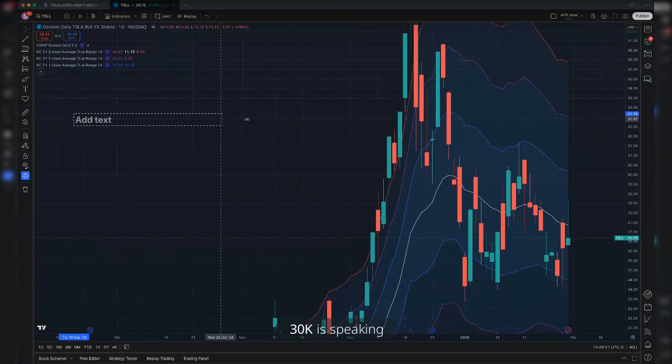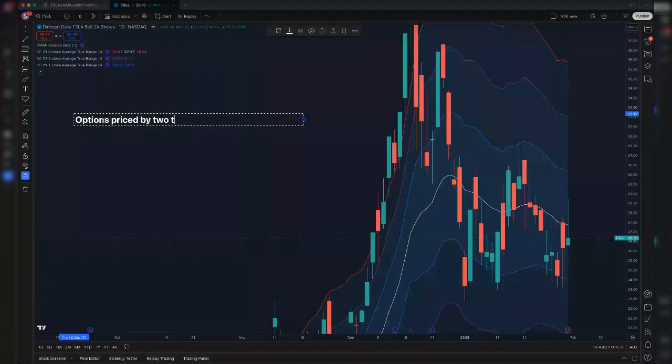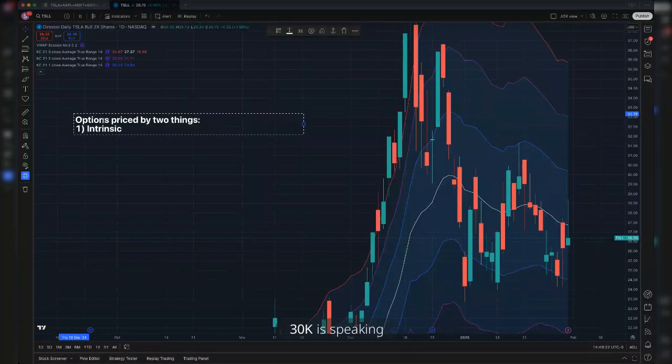All right, so fundamentally, the way option prices work, there are two things. One is intrinsic value, and that is the value of the underlying. An example would be Tesla at $400.